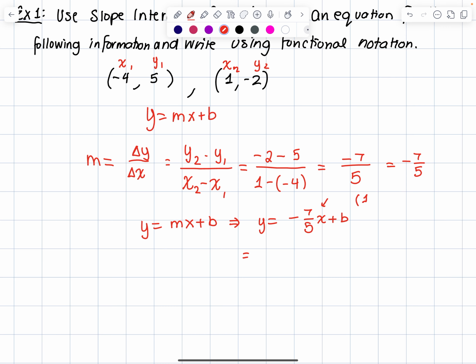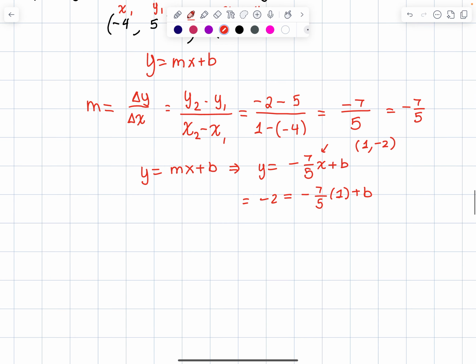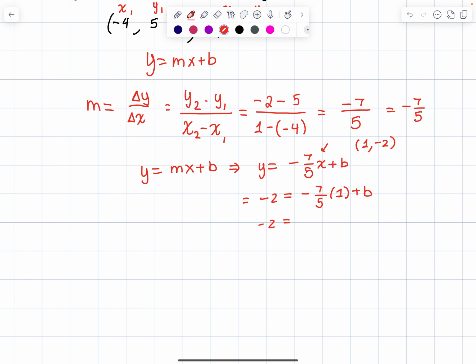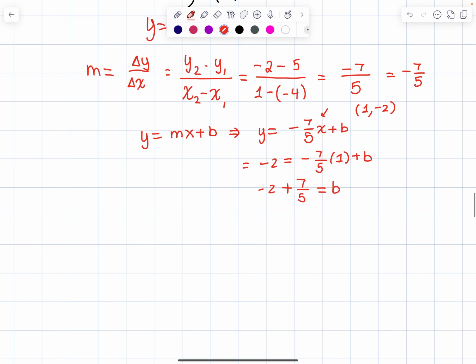I'm going to use 1 comma negative 2, because I think that should be our easiest one. So I get negative 2 equals negative 7 fifths times 1 plus b, and I'm going to solve for b. So I get negative 2 plus 7 over 5 equals b. I'm just adding this fraction to the other side. Now I need to convert negative 2 into fifths, so that's negative 10 over 5 plus 7 over 5 equals b. b is going to be negative 3 fifths.